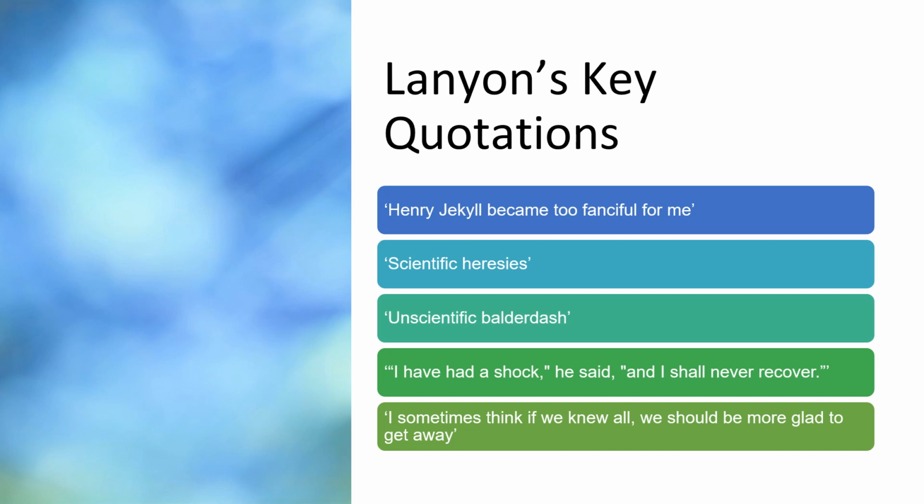The next quotation that we've got is, I have had a shock, he said, and I shall never recover. I want you to look at Lanyon's death as symbolic. He does die because he can't accept change, which is why it's symbolic. It symbolizes the scientific community at the time, the fact that they were unable to accept change.